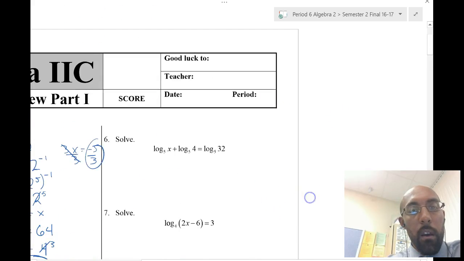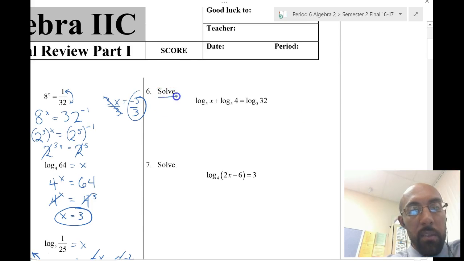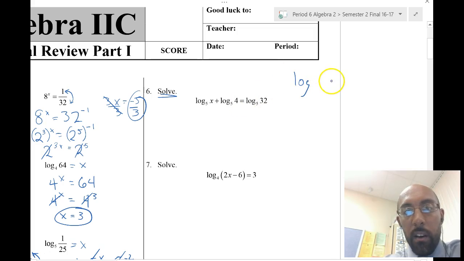Okay? All right, so now solve. That means we have to find x. All right, so there's x right there, right? So we're going to use the properties of logs to solve this. Now, if I can get one log on one side of the equal sign and one log on the other side of the equal sign, they will cancel out.